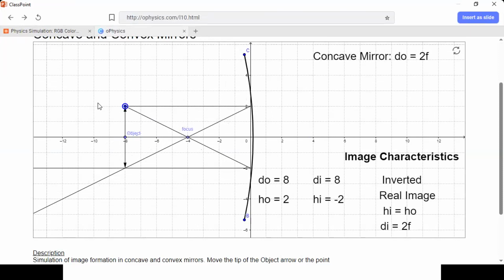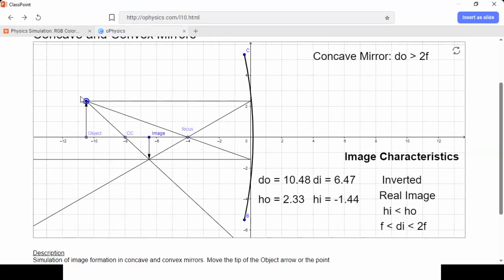Place the object at the focal point, within the focal distance, between the focal point and the center of curvature, at the center of curvature, and then behind the center of curvature. Now you see, if you place the object behind the center of curvature, the image is still inverted, it's smaller, and it is still a real image. Okay?